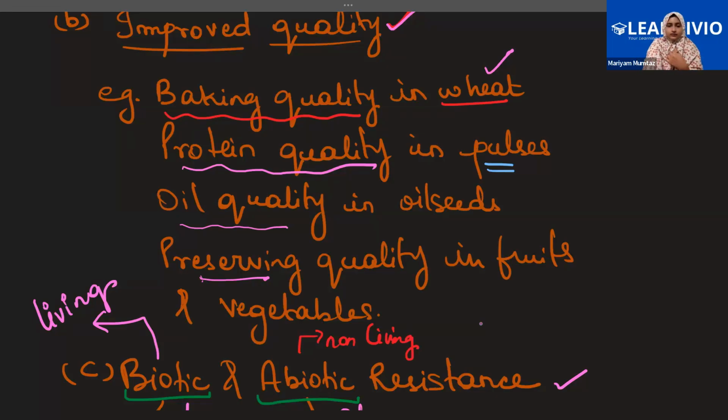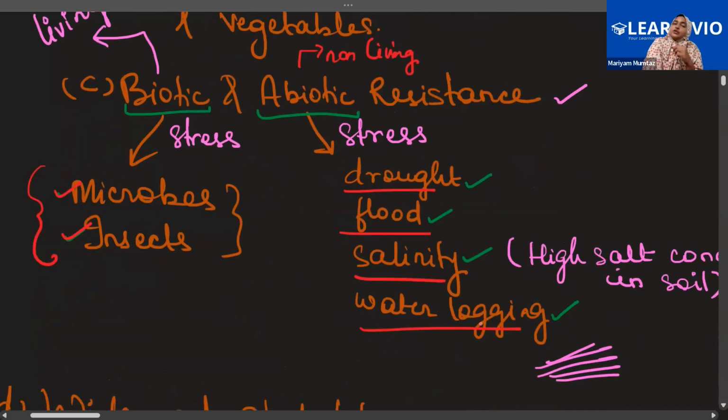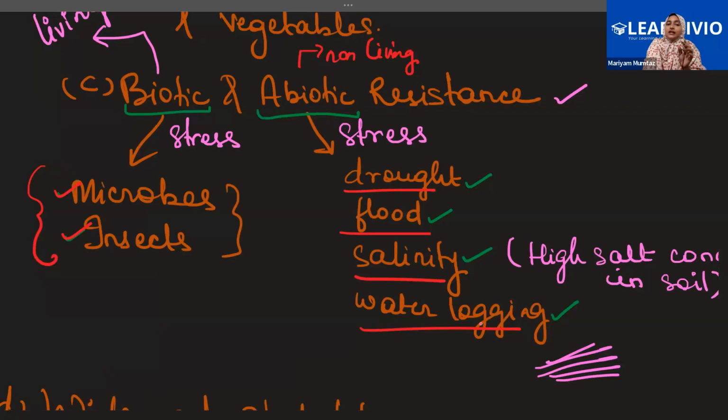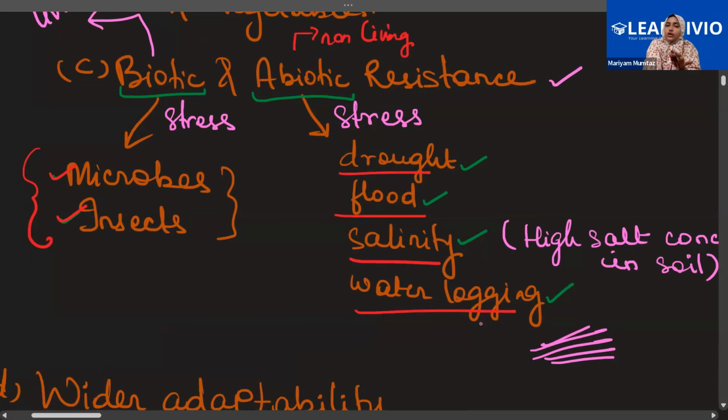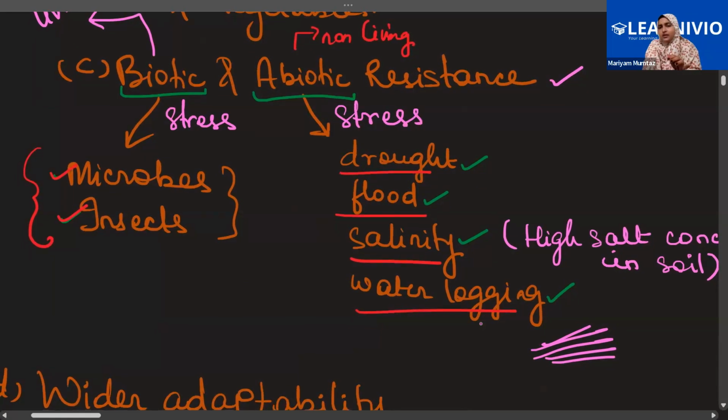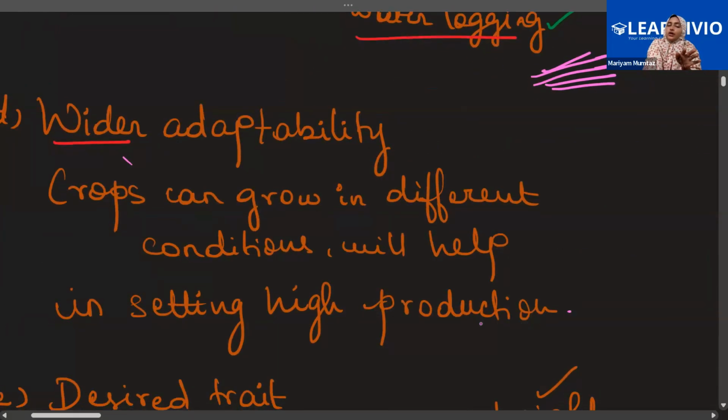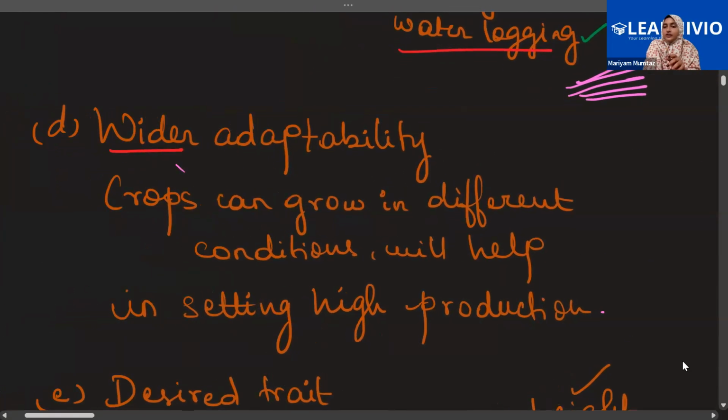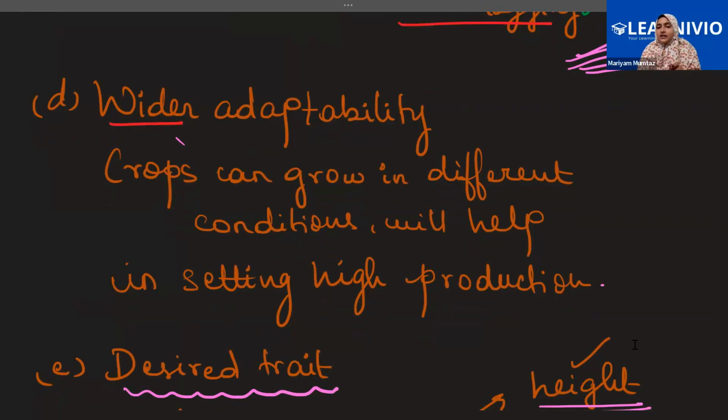So all of that. Then we need to do the crop variety improvement to make the plant biotic stress and abiotic stress resistant. Like we want it to be resistant to all the different kinds of stresses that can be there. We want it to withstand them all. Then we want wider adaptability for the plant. Wider adaptability means that these plants, if you take them out from their original area of living, they can live elsewhere also.